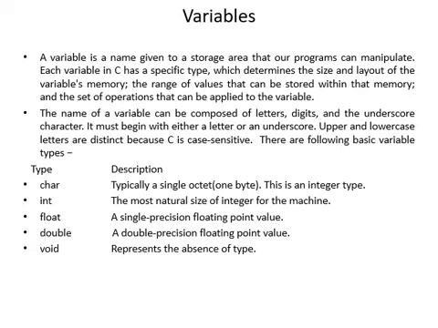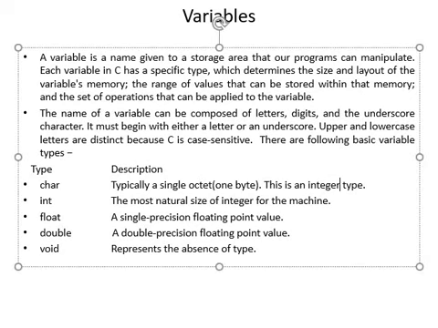The following are the types of variables. char is typically used to store a single octet. This is an integer type, but this is a character. Whatever data you give will be converted to an integer and then stored, integer in the sense of byte codes.